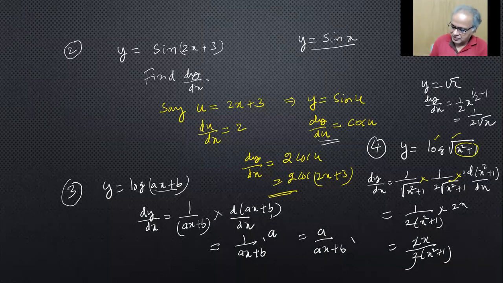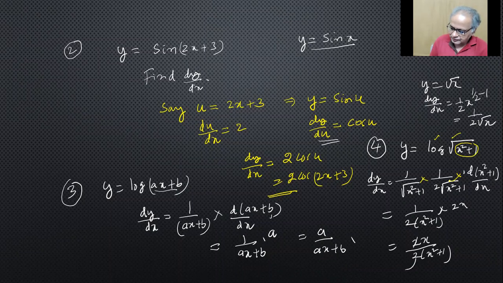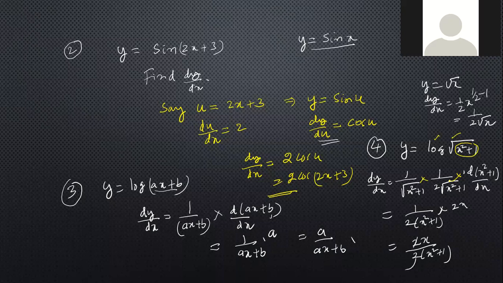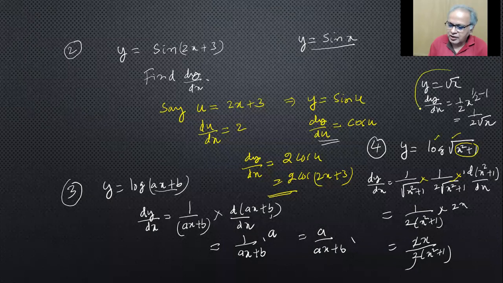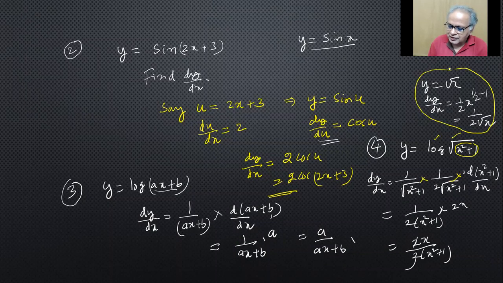It is logic more than anything else. How did we get 2 root x square plus 1? Did I show it here? This is root 1.